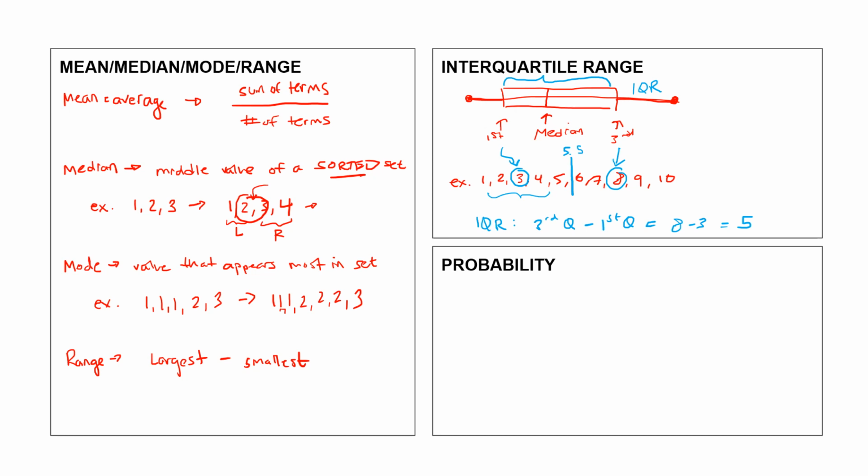Now, there's also a convention that's often used in mathematics, in which we take that interquartile range, okay, we multiply it by 1.5, okay? So in our case, we'll just follow through with the example. So we'll have 5 times 1.5, which is 7.5, okay?